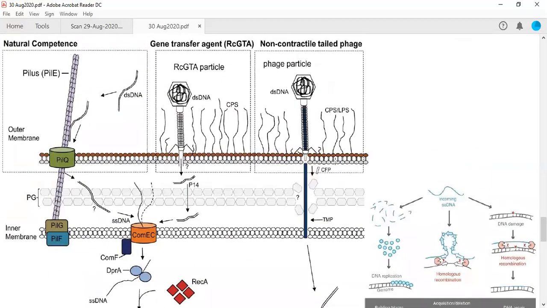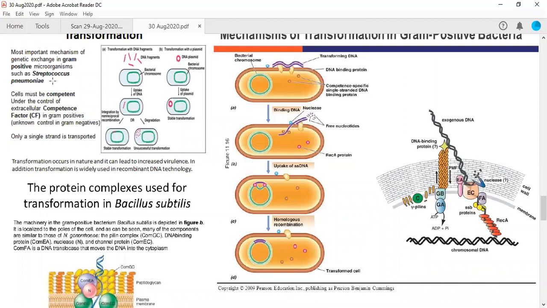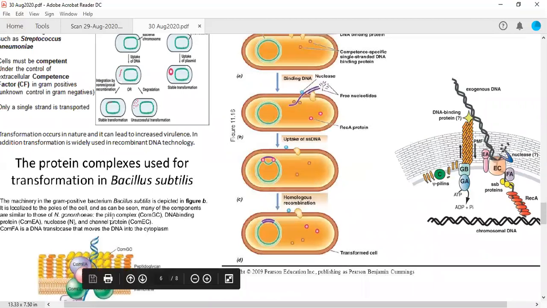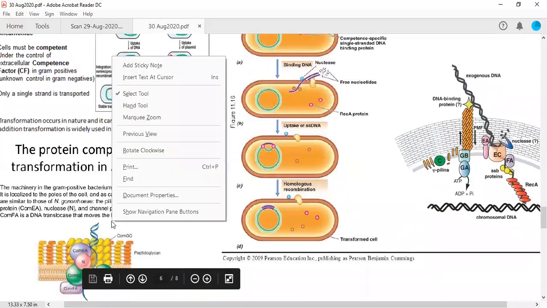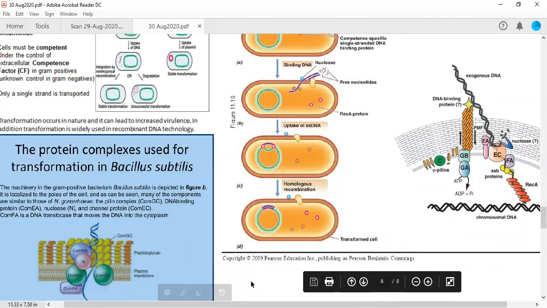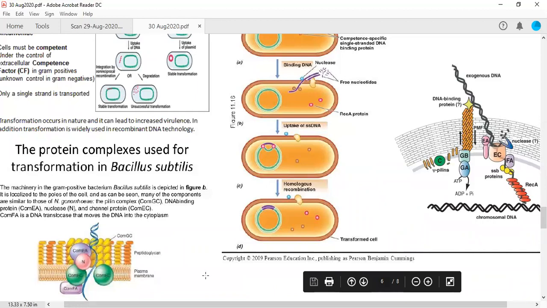Also, I showed you that this is actually happening in the case of Streptococcus pneumoniae. This is a gram-positive bacterium. Also Bacillus subtilis, which is also gram-positive. In gram-positive bacteria, there is a slightly different set of proteins which help the transformation of DNA. So see here, this is the peptidoglycan cell wall, with ComGC proteins, which help bind the double-stranded DNA molecule to the bacterial surface. Then there is the ComEA protein and the EndA nuclease.